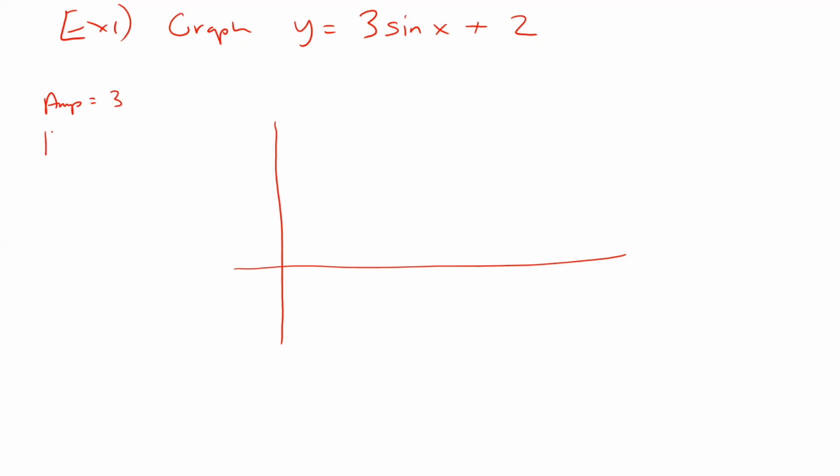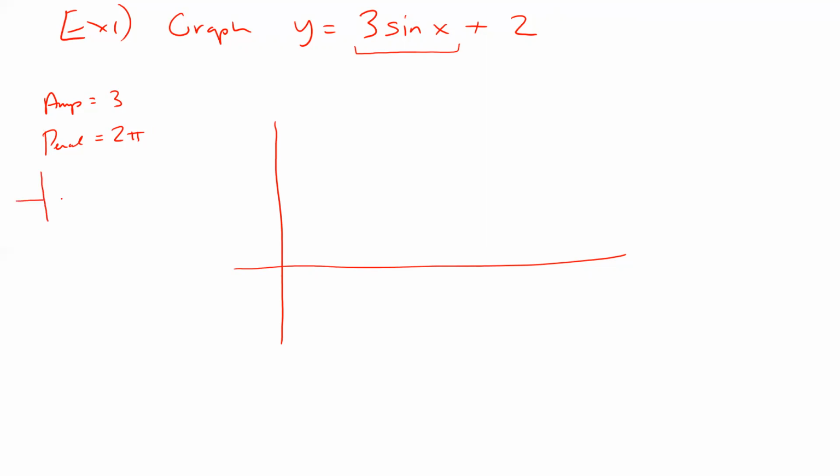We look for our period, and we look for any reflections. Based upon my amplitude and my period, technically I'm just graphing this little piece right here. Period is 2 pi divided by 1, so 2 pi. In this case, I have a sine curve going up to 3 and down to -3.